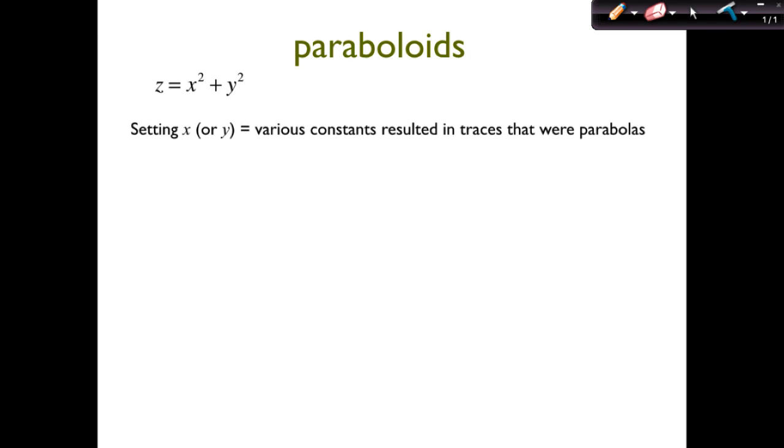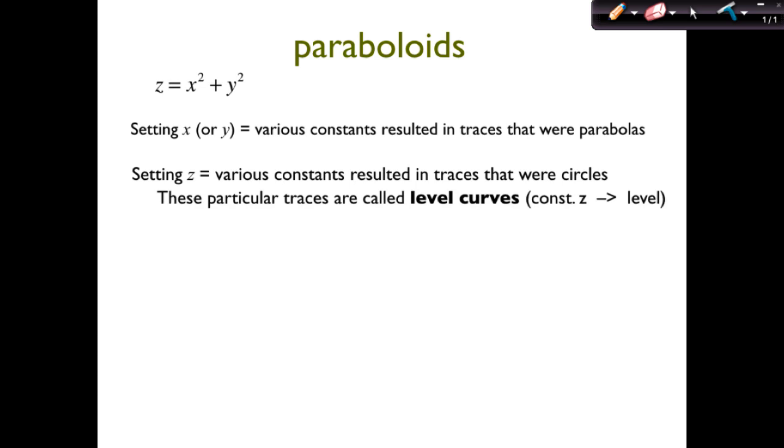Setting x or y equal to various constants resulted in traces that were parabolas, like those vertical parabolas. And setting z equal to constants resulted in circles. When you set z to various constants, those traces are also called level curves. Why? Because a constant z means you're at a constant level. So when you hear level curves, that's referring to traces for constant z values.